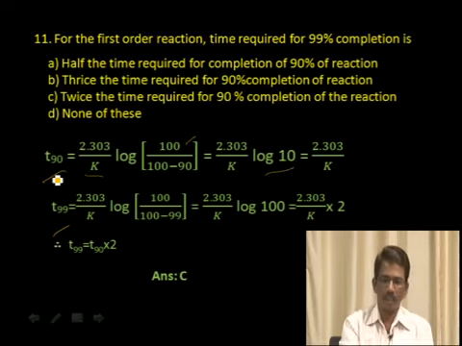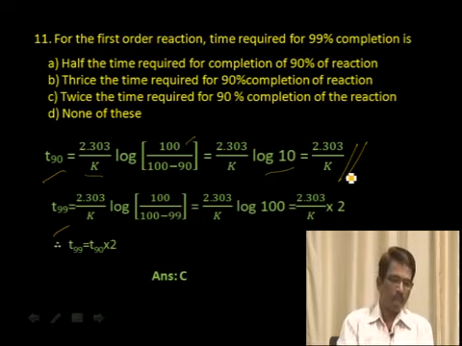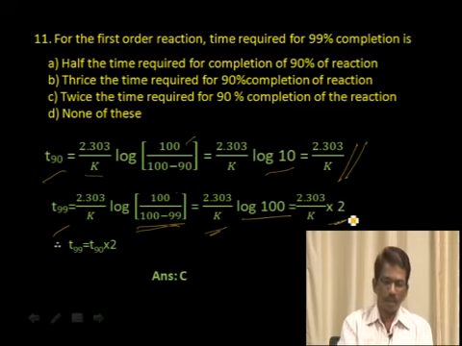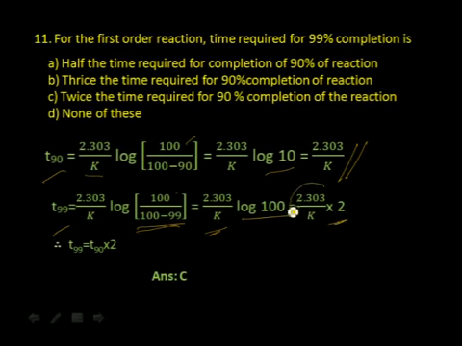Obviously T90 can be written as 2.303 by K. And for 99% completion, 2.303 by K into log of 100 by 100 minus 99. So T99 will be equal to 2.303 by K into log of 100 by 1, that is log 100. Now log 100 is 2. Therefore T99 is equal to 2.303 by K into 2.